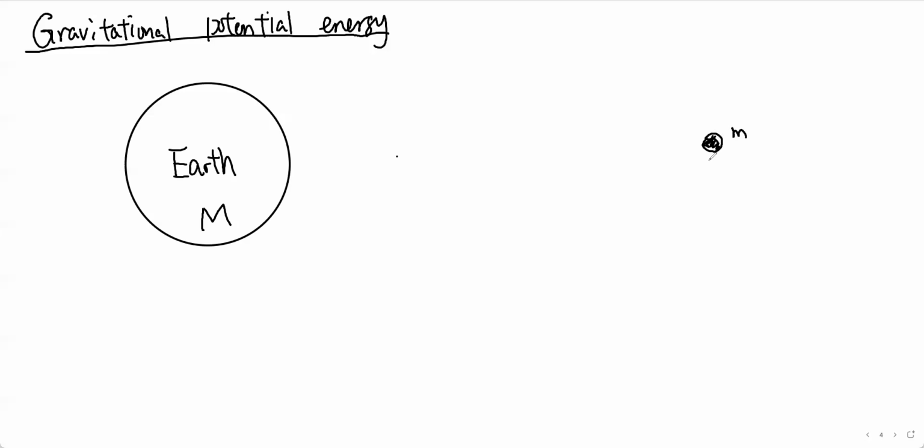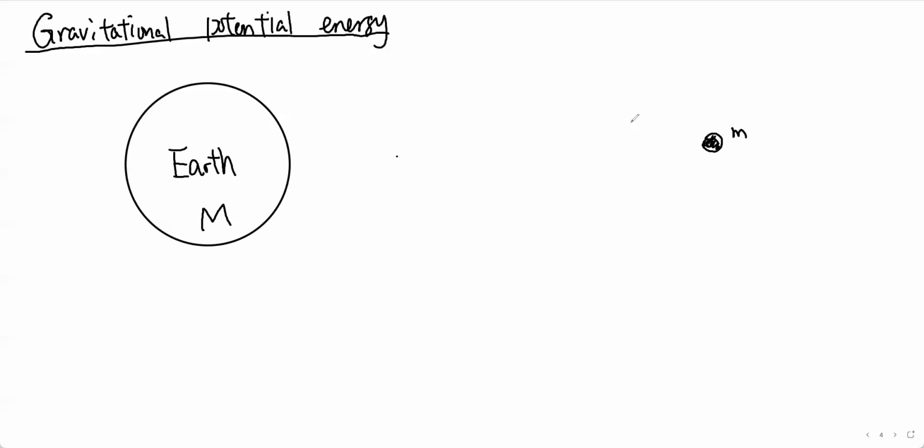So that means at that point, the small m and big M do not have any interaction. They don't have any gravitational force. They're not acting forces on each other.